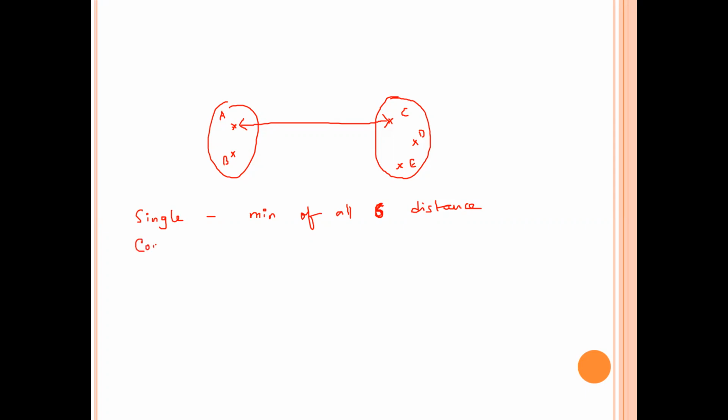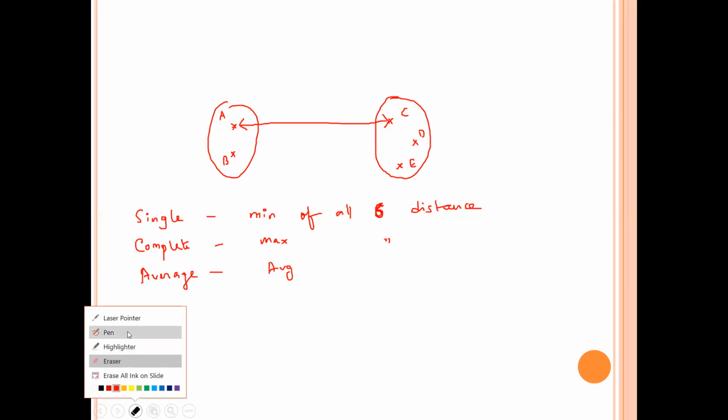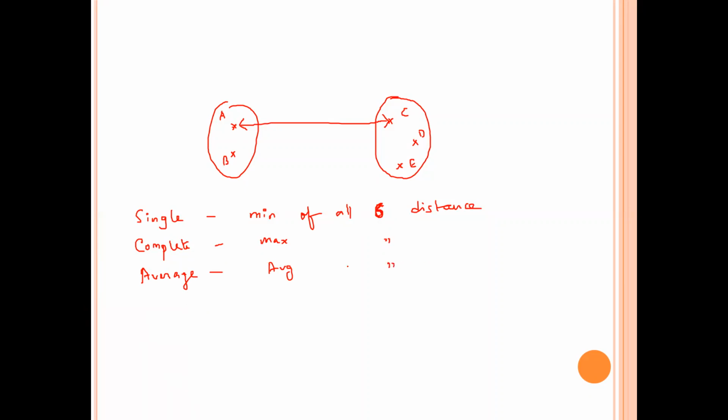Then complete linkage is nothing but the maximum of all these things. And average linkage is obviously the average of all the six distances. So you can choose which one you want, but this is how the distance gets calculated.